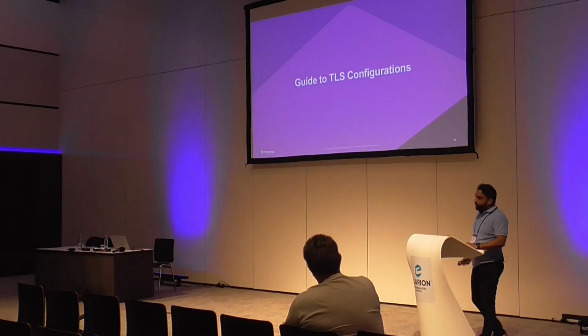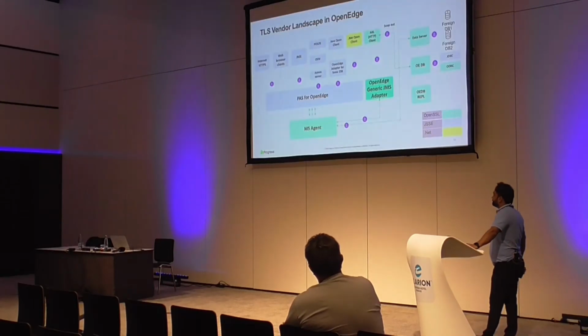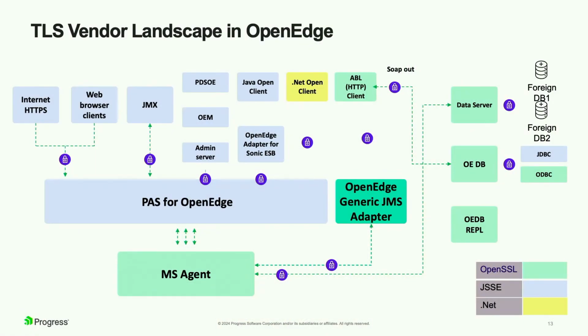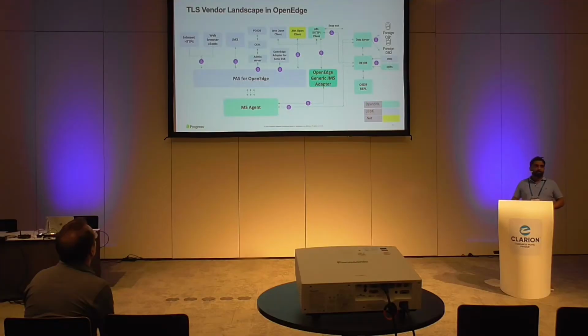Now we are going to talk about the TLS configurations. I have captured this diagram to show you the different supported TLS vendors in OpenEdge. For C++ based components, we use OpenSSL.